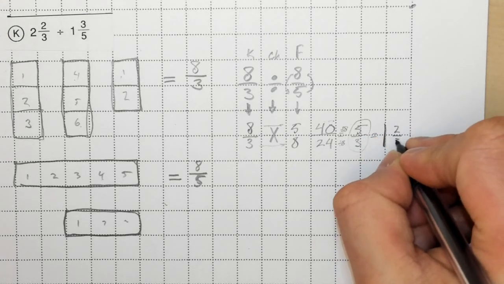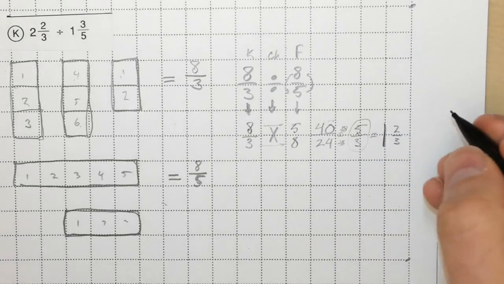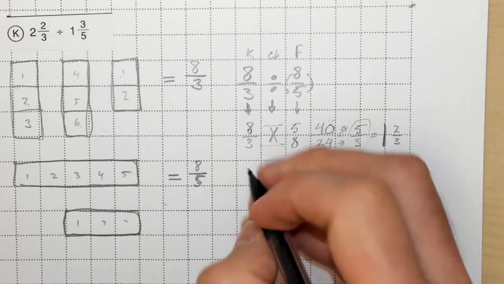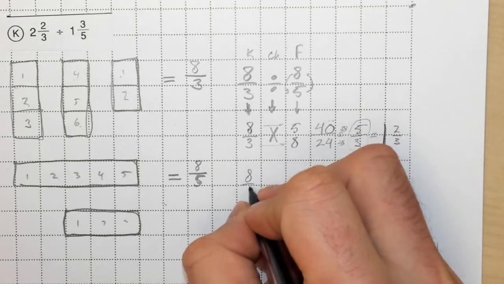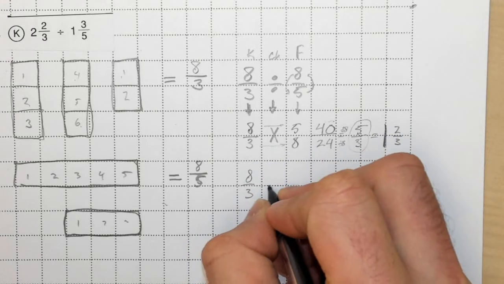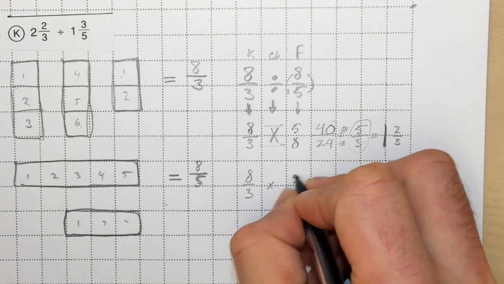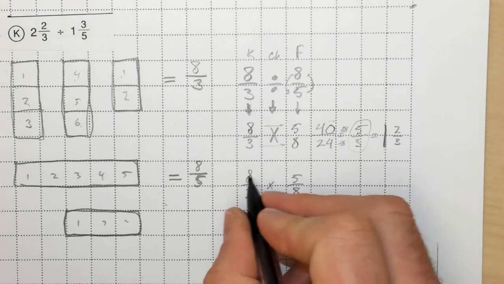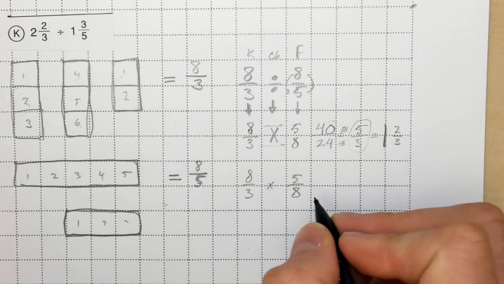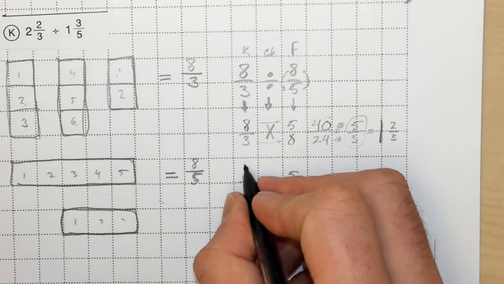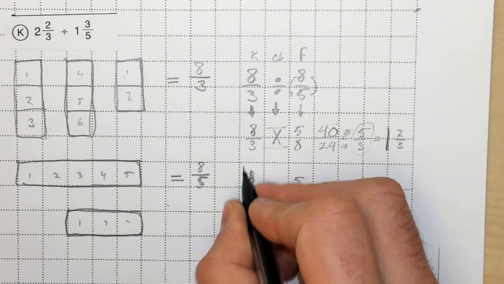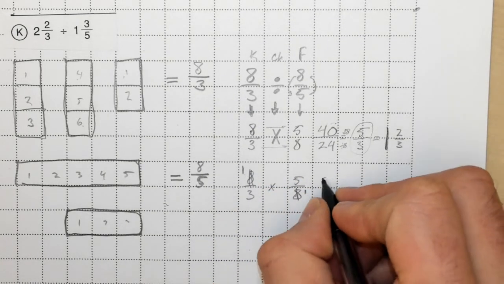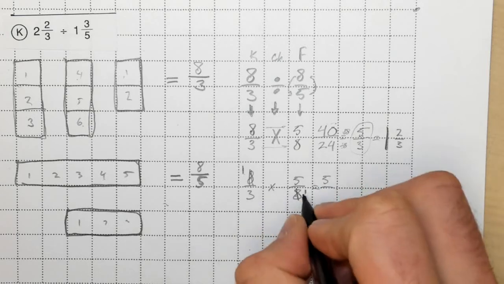Okay, I do want to point out, if you're a cross simplifier, right, if you are doing the cross simplification, you get 8 thirds times 5/8, and if you're thinking about cross simplifying, you can say, okay, 8 and 8, those have a factor in common, and it happens to be 8 in this case, so you'd go 8 goes into 8 once, 8 goes into 8 once again, go 1 times 5 is 5, and 3 times 1 is 3.